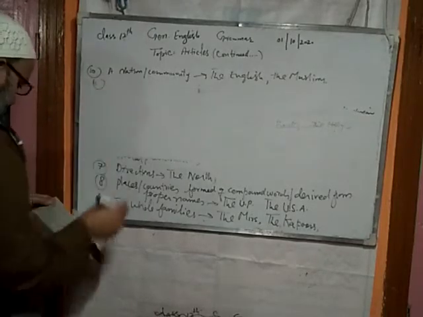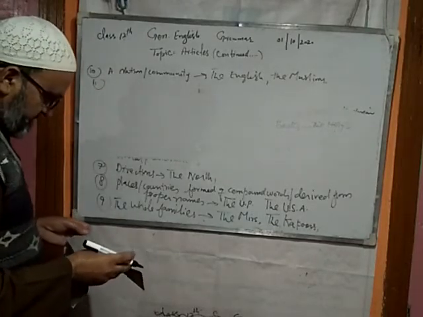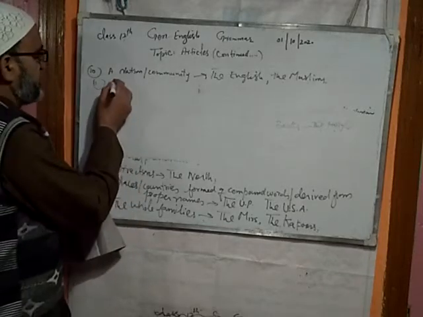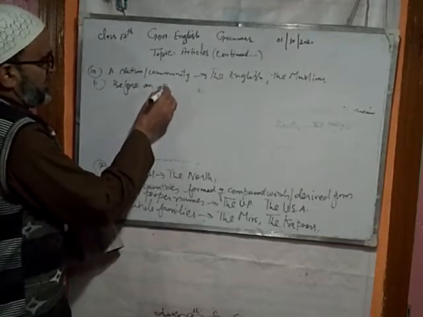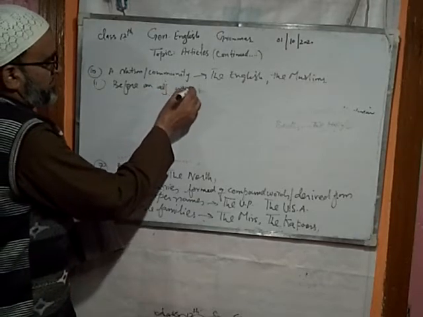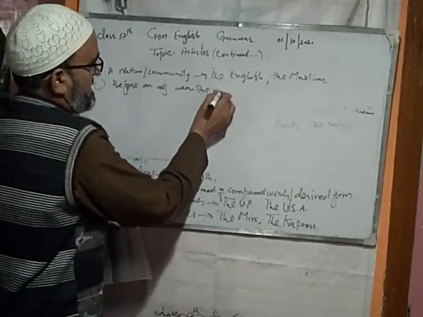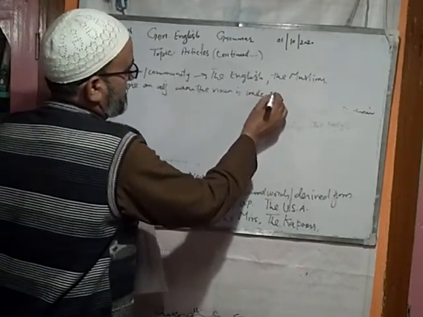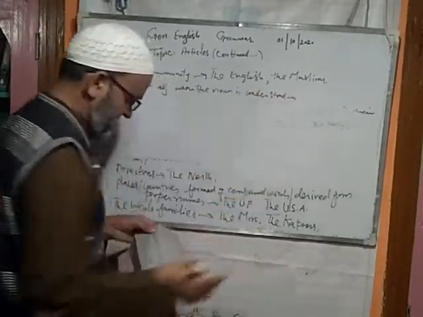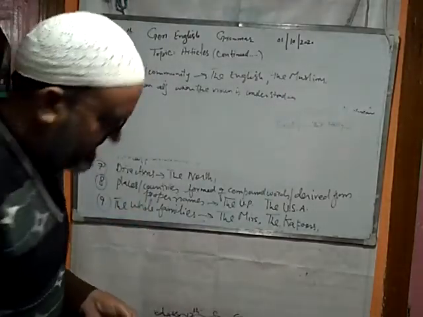Number 11, before an adjective when the noun is understood, for example, the rich, the poor.